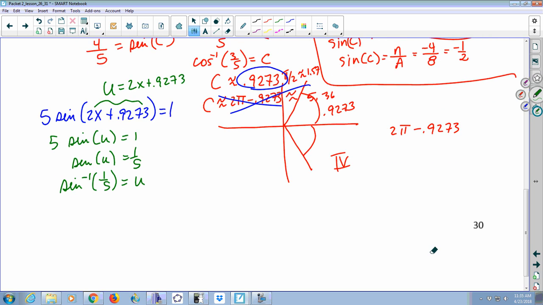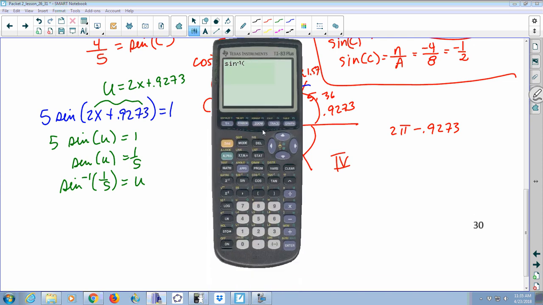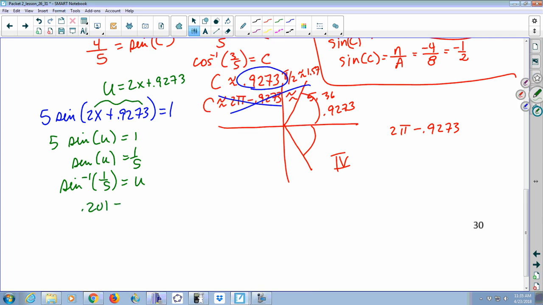Now we've got to use our calculator to find the inverse sine of 0.2. Inverse sine of 0.2 is 0.201. So 0.201 is equal to U.